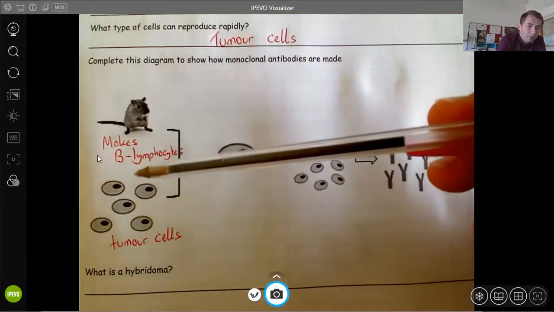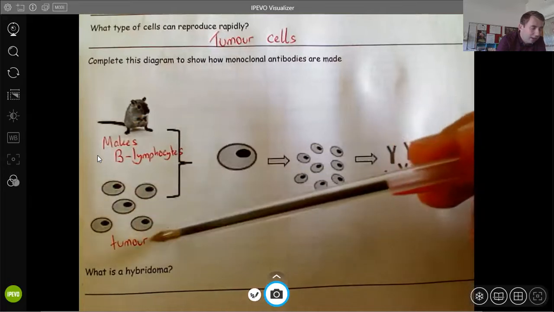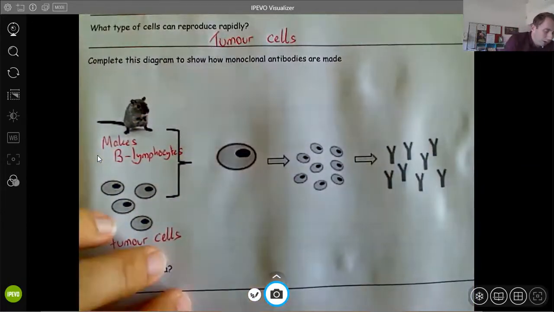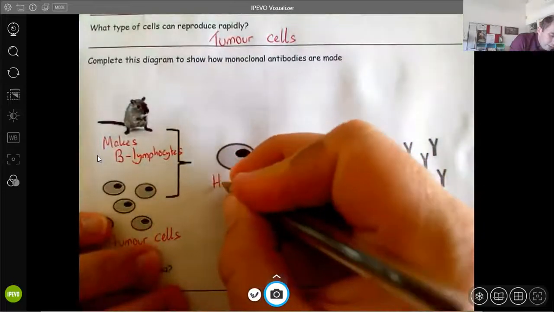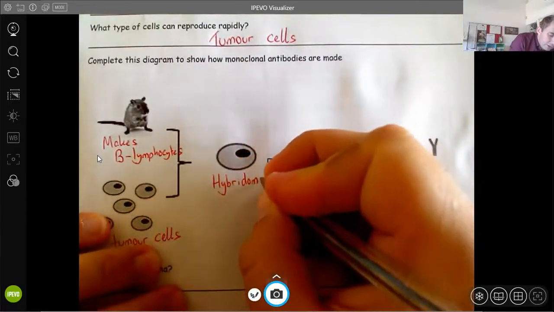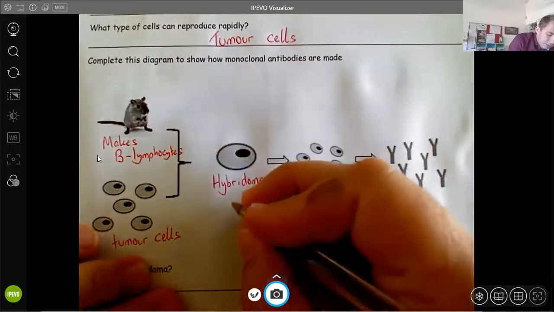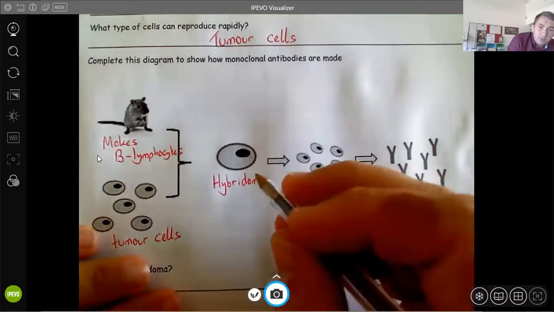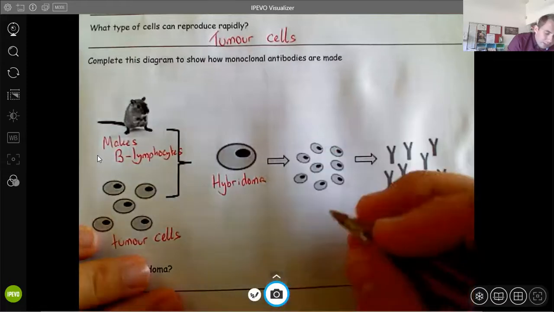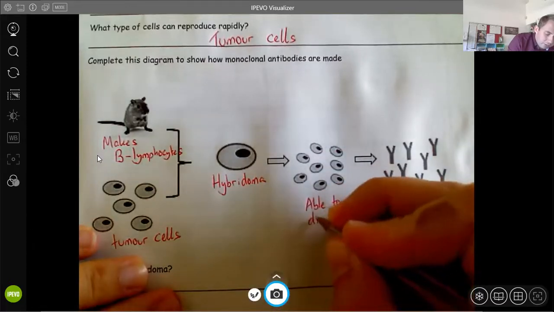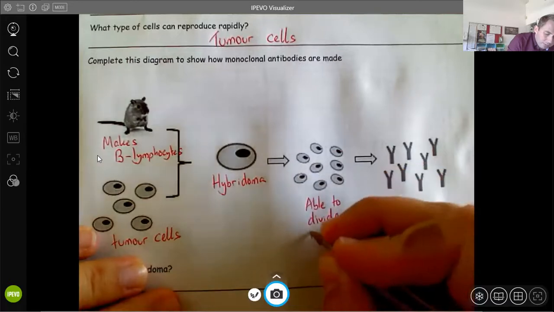And then what we do is we take some tumour cells and we combine the lymphocytes with the tumour cells to make what we call a hybridoma. It is the combination of B lymphocytes and tumour cells. Now, the reason these are really useful is they are able to divide rapidly.